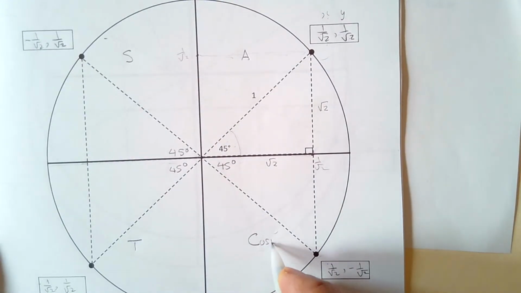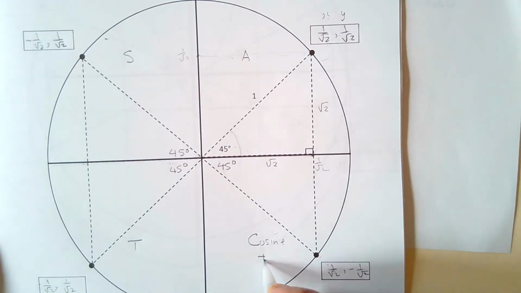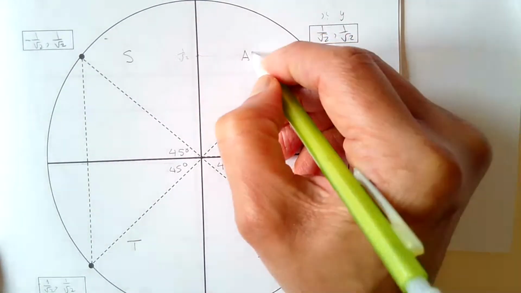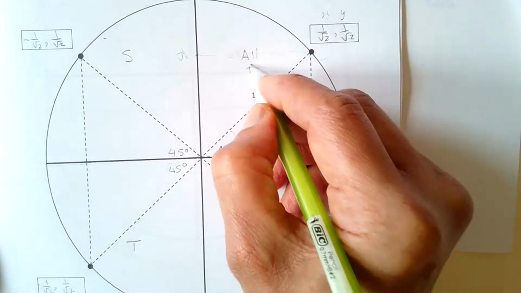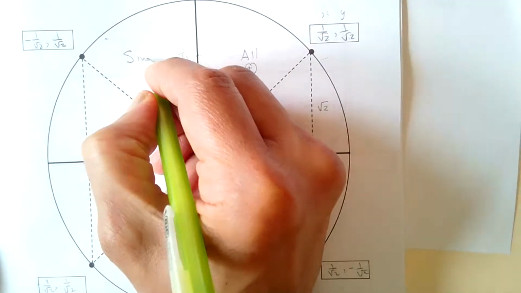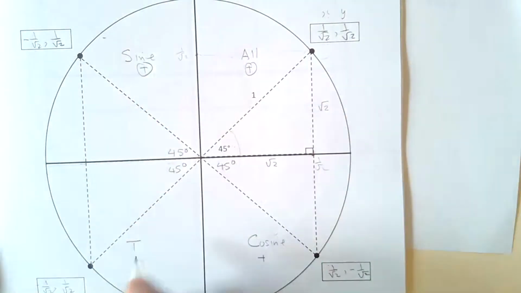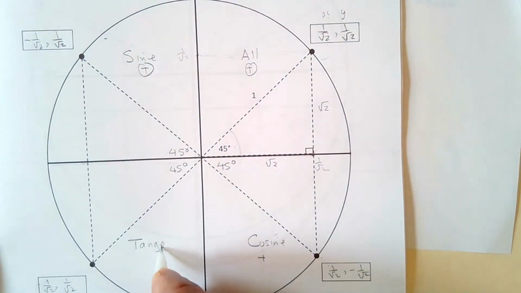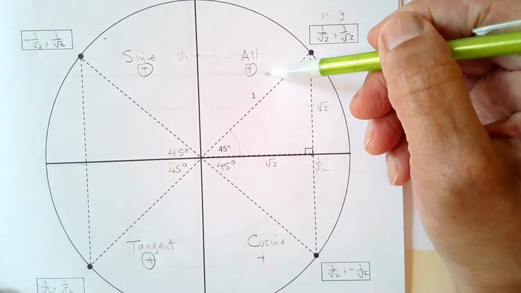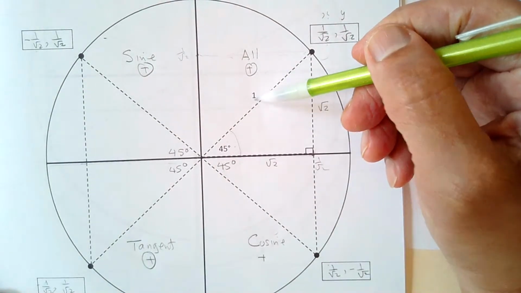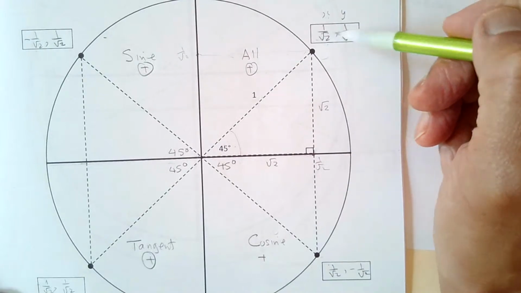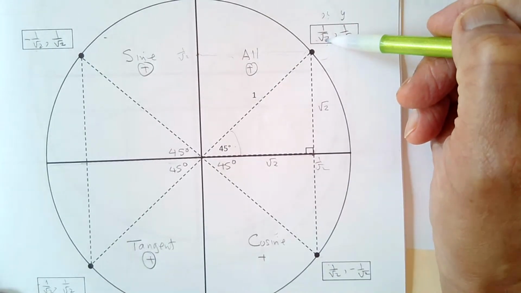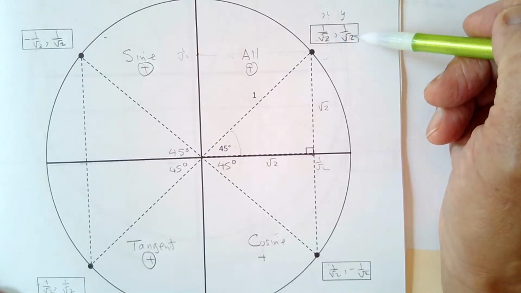This means cosine is positive here, sine is positive here, and tangent is positive in this quadrant. In quadrant 1, all of the trig ratios are positive. So that's why the x, the cosine, is positive and the sine is positive.